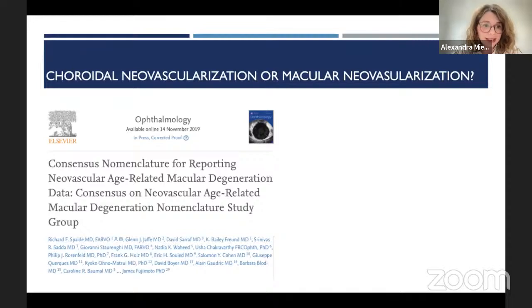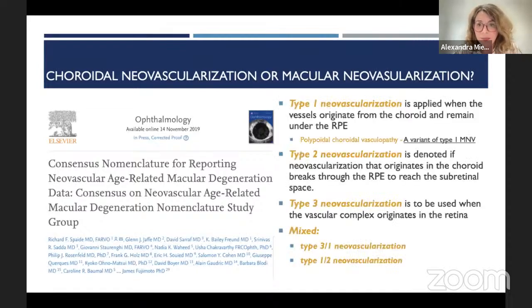So this has led to a new nomenclature for reporting neovascular AMD, and we now call type 3 macular neovascularization. We now call what we called previously choroidal neovascularization macular neovascularization, in order to correctly incorporate type 3 neovascularization into this classification.